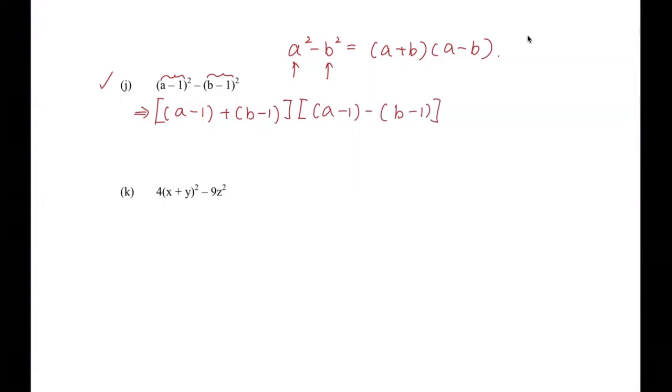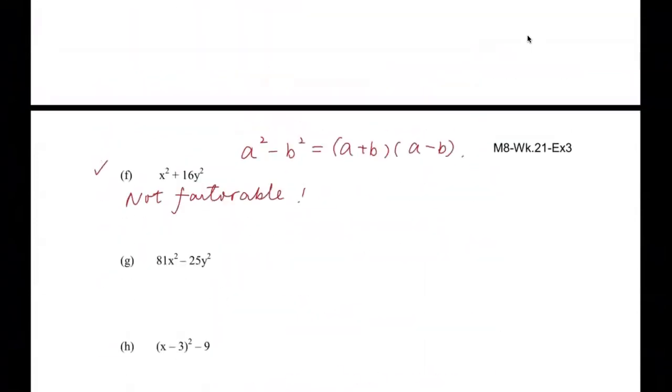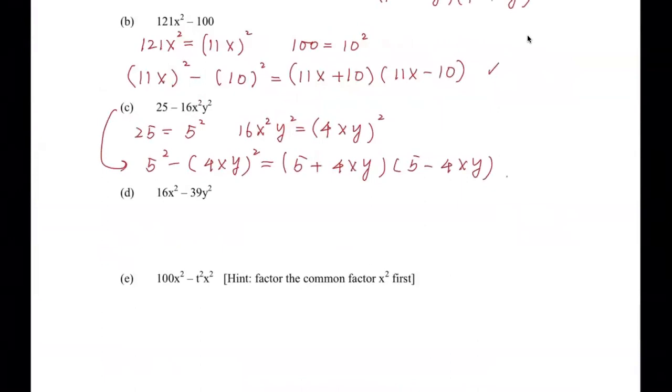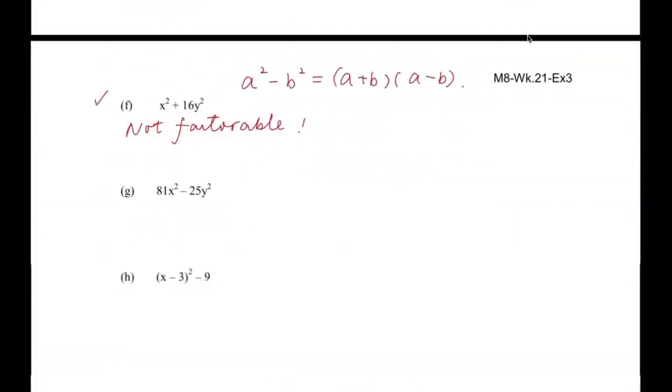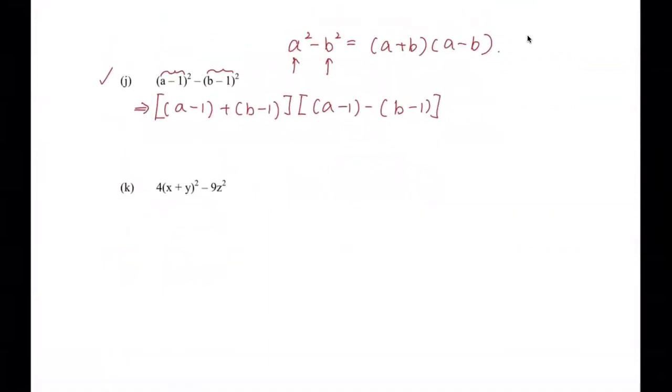Okay, what we are doing here is still following the formula. a squared minus b squared is equal to (a + b) times (a − b). It's just that in the previous examples, a and b are both one-term expressions, whereas in this example, a and b are binomials, okay?